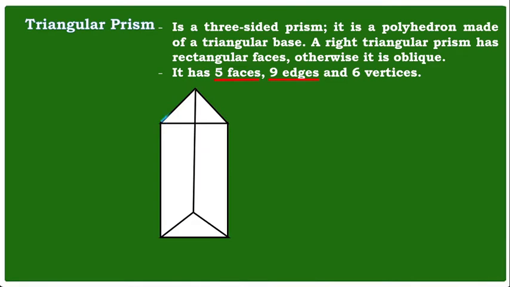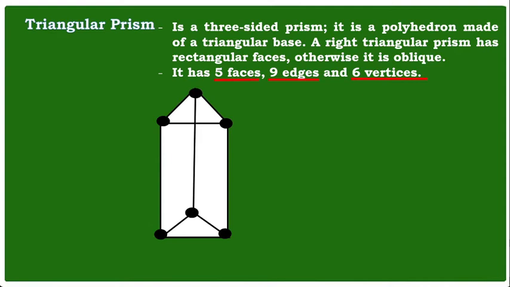Let's count. 1, 2. There you go. It has 9 edges and it has 6 vertices. Let's count. This triangular prism has 6 vertices.